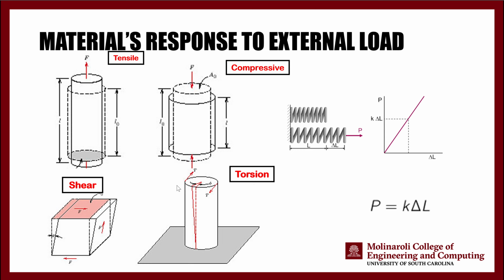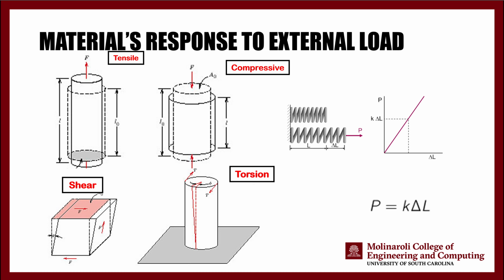Okay, so we have different types of external loading. One is tensile, which is essentially when you pull two sides, or just one side, of one beam or one structure. We have compressive load, when you compress two sides or just one side of a beam.